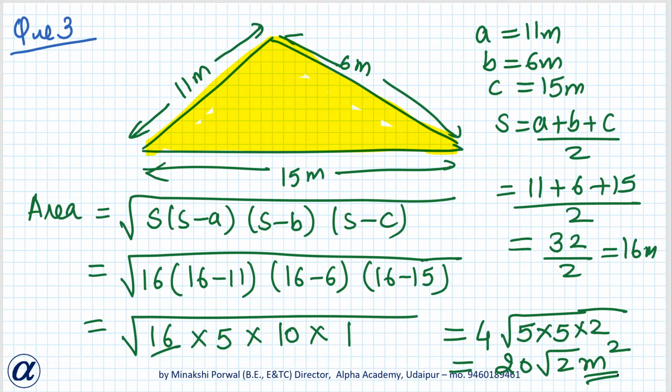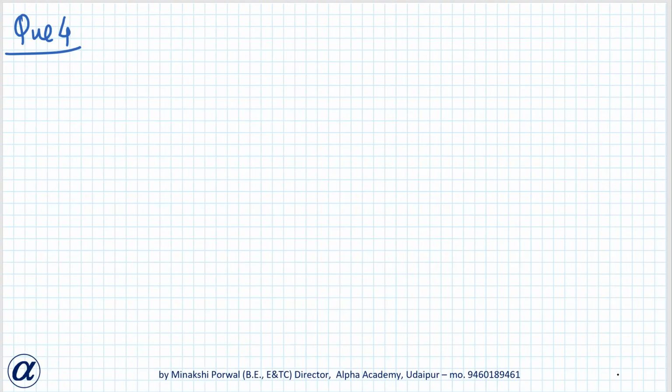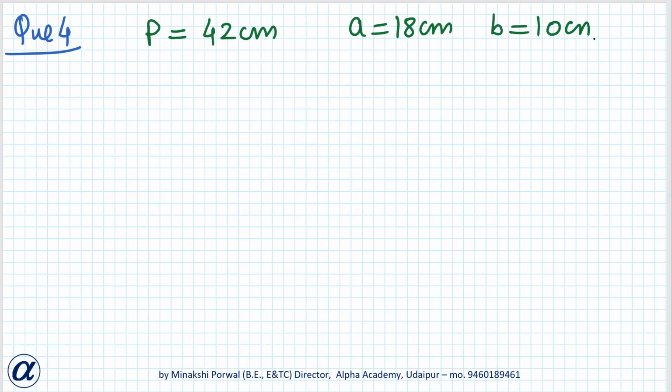Find the area of a triangle, two sides of which are 18 centimeter and 10 centimeter. Perimeter is 42 centimeter. Perimeter is given as 42 centimeter. One side is 18 centimeter and another side is 10 centimeter. How will I find the third side? 42 minus 18 minus 10.